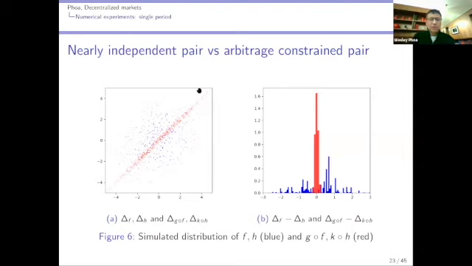But if you look at changes in the composites GF and KH, which are a parallel pair from A to D, those are the red dots there on the left. And there you can see they're very highly correlated because of this term that penalizes arbitrage in parallel pairs.